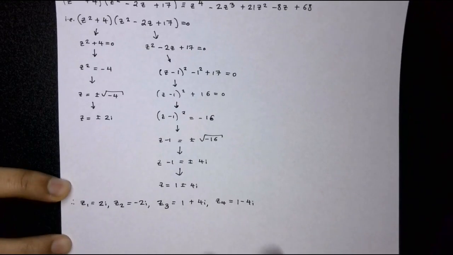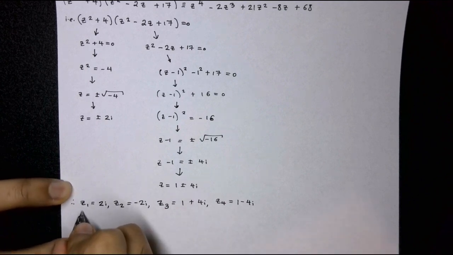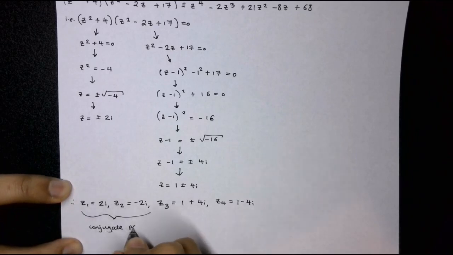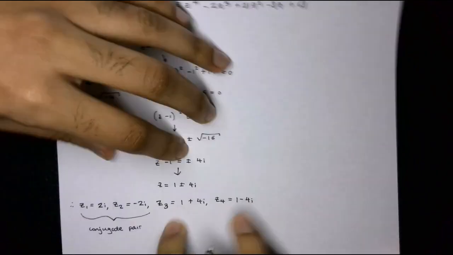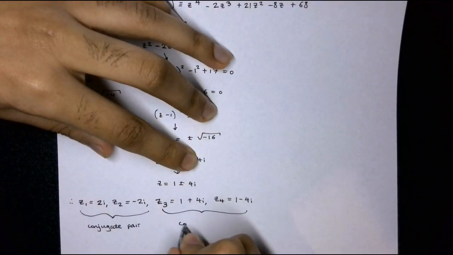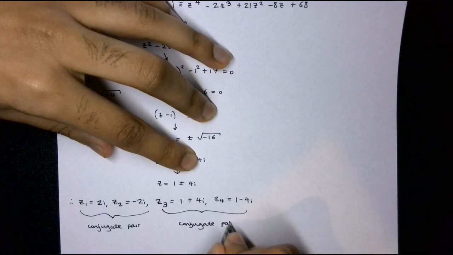And what you can see over here, we've got two complex conjugate pairs. So here we have a conjugate pair. Here we also have a conjugate pair.